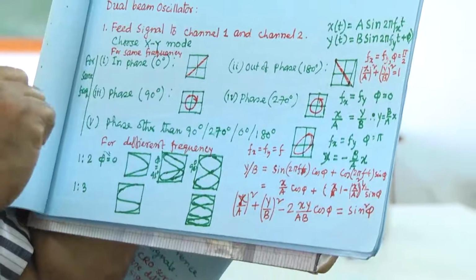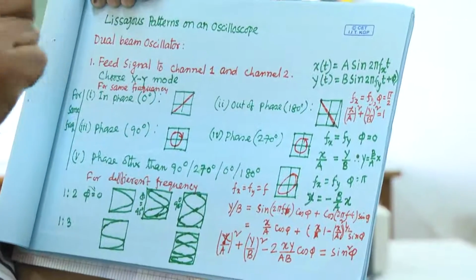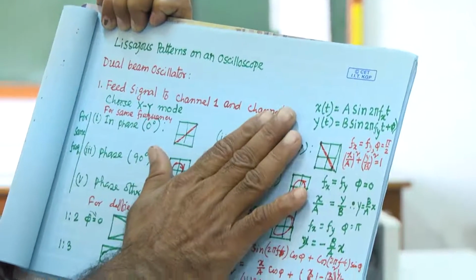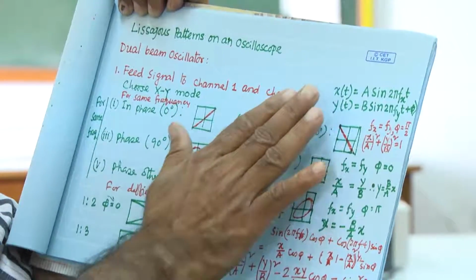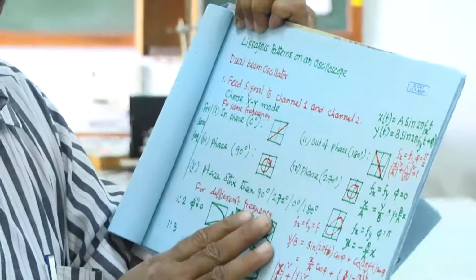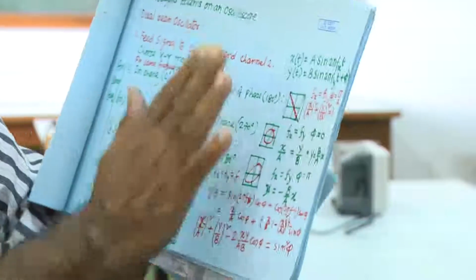That voltage variation along the y axis is shown as a function of time, but there is an option in the CRO called XY mode.